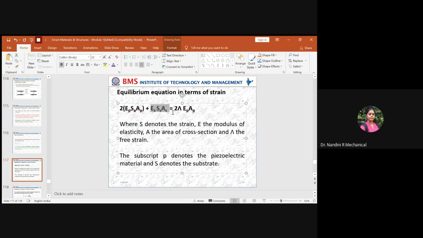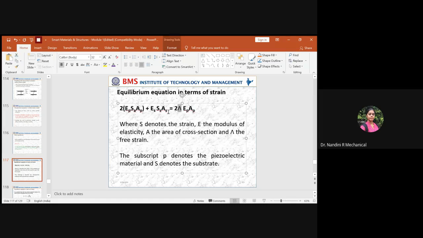So to be in equilibrium, that should be equal to twice the amount of free strain. Free strain is represented here by an inverted V. Okay. So the combination of the strain across the piezo element plus the strain across the structure will provide you the free strain.